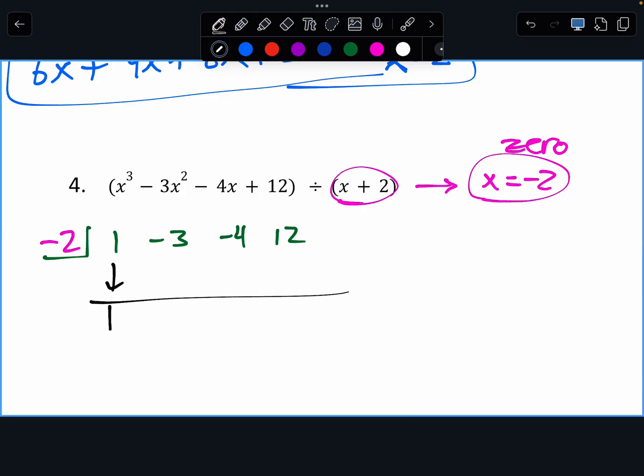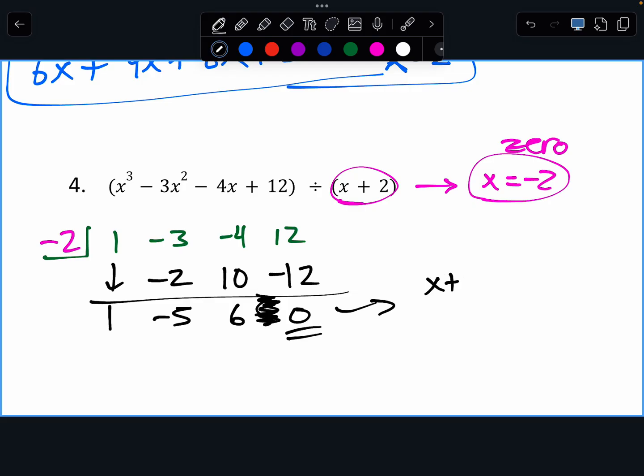So I bring down 1. 1 times -2 is -2. Add down, that's -5. Negative times negative is +10. Add down, that's 6. 6 times -2 is -12. Add down, that is 0. So that is what we want. And so that tells us that x plus 2 is a factor.